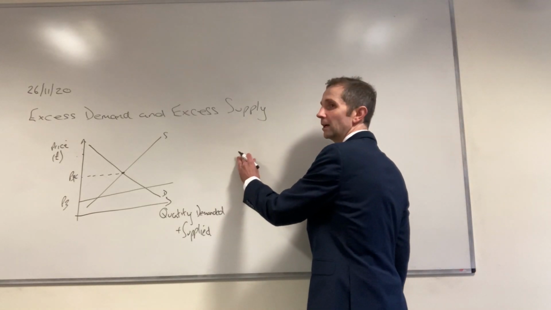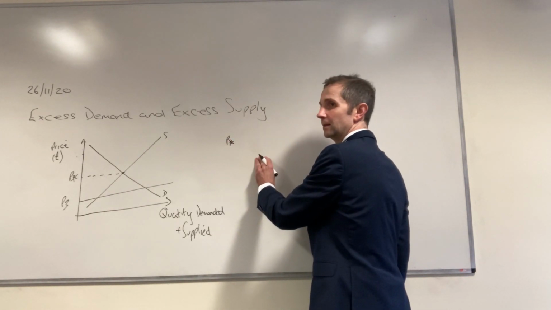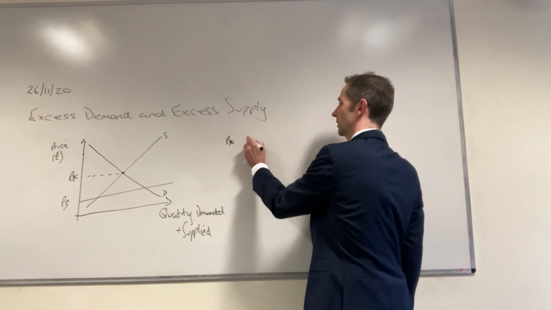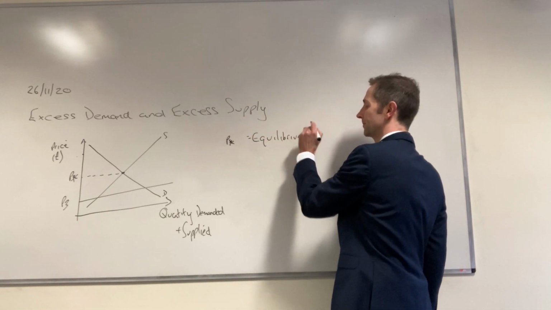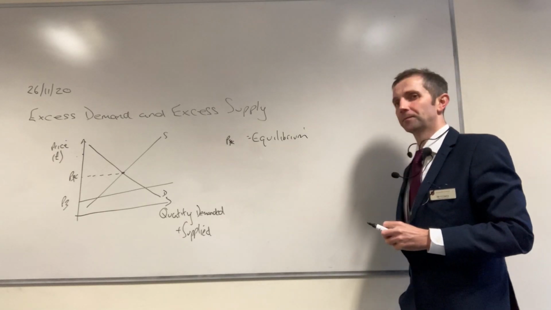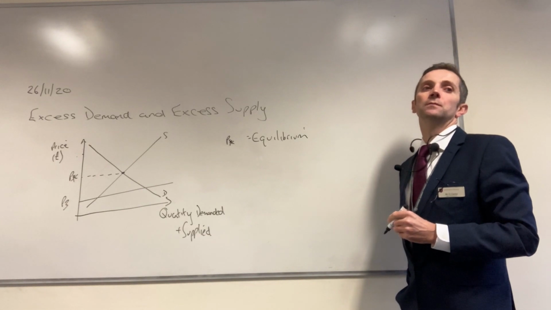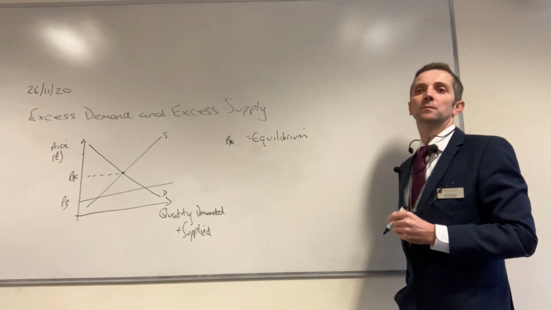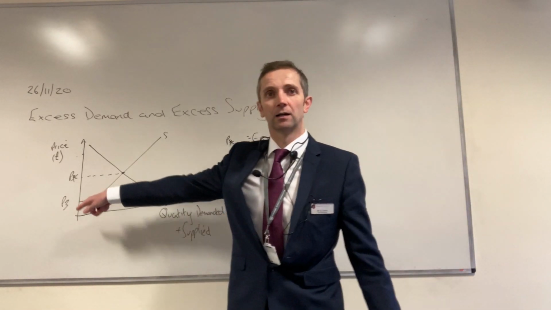Okay. Ishal, what's P star? Equilibrium, right. Thank you. So once again, we've got P star equilibrium. So P3 must be, therefore, Phoebe, what's P3? Is it equal to P star when it's down here?